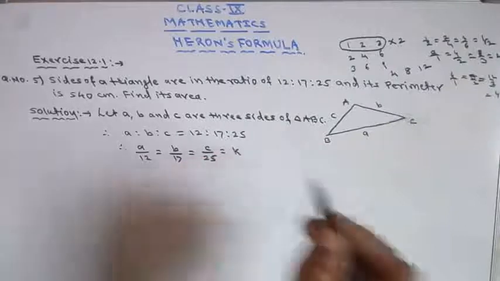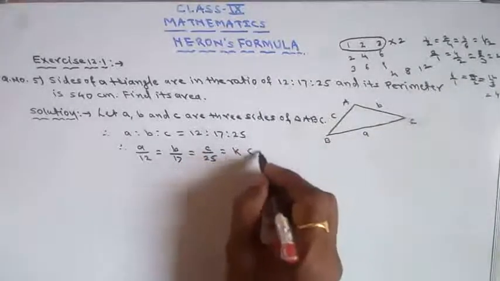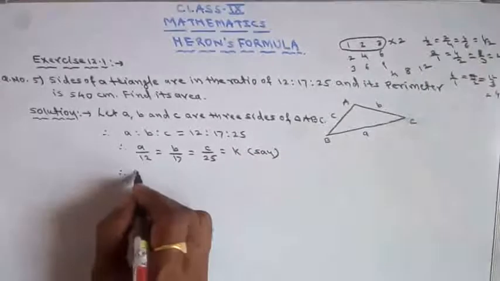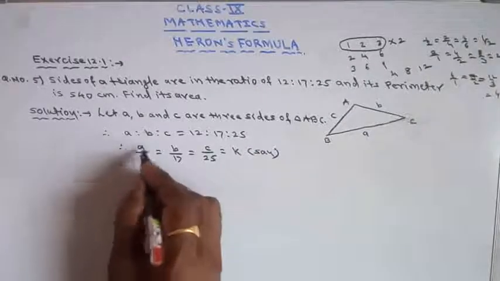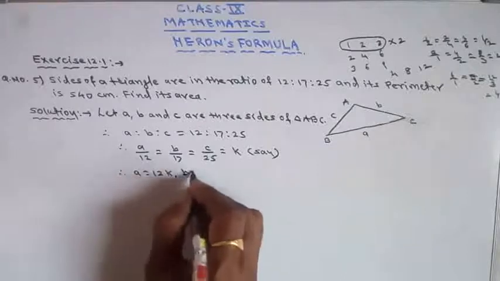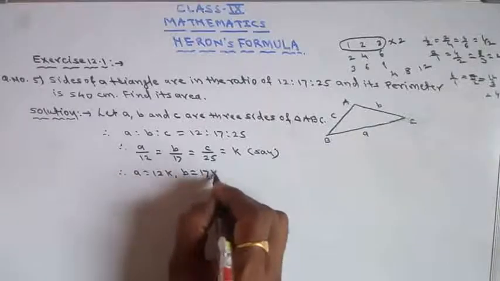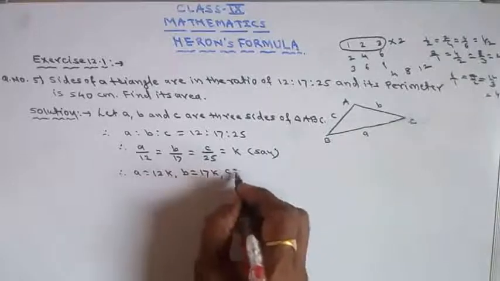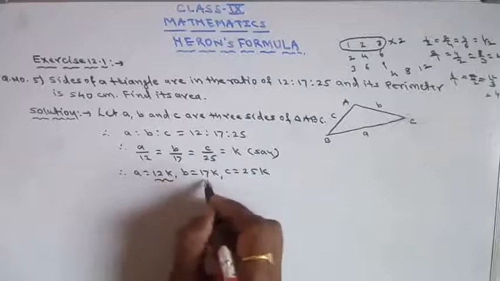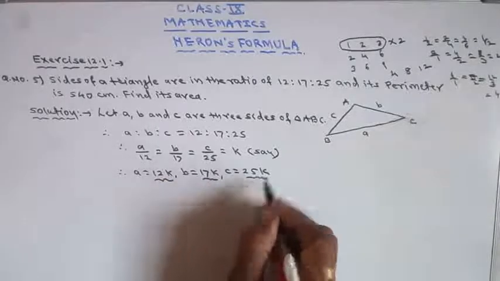Let this constant be k. Therefore, equating a upon 12 equal to k, I get a equals 12k, b equals 17k and c equals 25k. So these numbers will also be proportional.